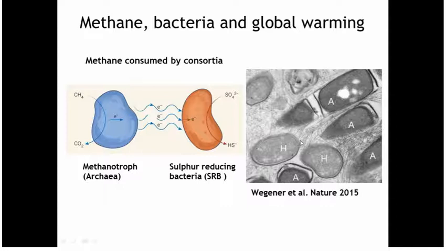These form kind of wires that transfer the electrons from the methanotroph to the sulfur-reducing bacterium. So normally the electron transport chain is a bunch of integral membrane proteins in the plasma membrane. And here, in this case, it's actually a kind of physical contact between the bacteria. So that's kind of interesting.